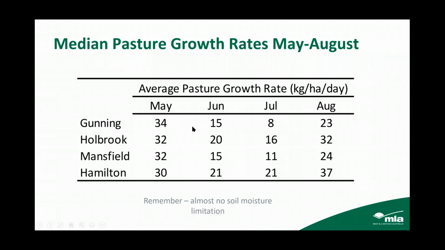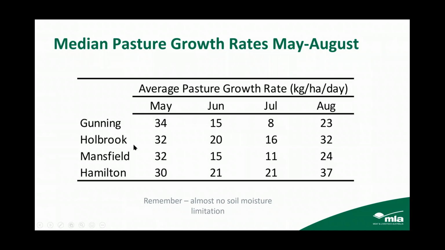So the median year, say in July at Mansfield, would have grown for July on average 11 kilos per hectare per day, right? And remember, there's almost no soil limitation because I filled the profile up at the start.